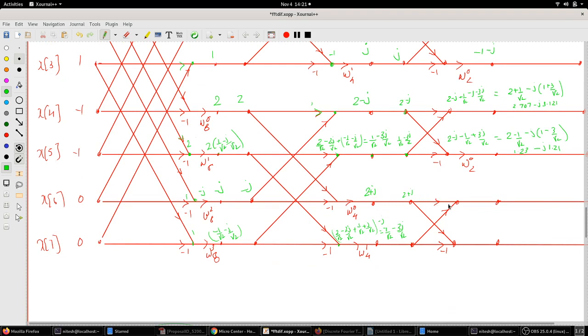Same thing here, 2 plus j minus 1 by root 2 minus 3j by root 2 turns out to be 2 minus 1 by root 2 plus j minus 3j by root 2.